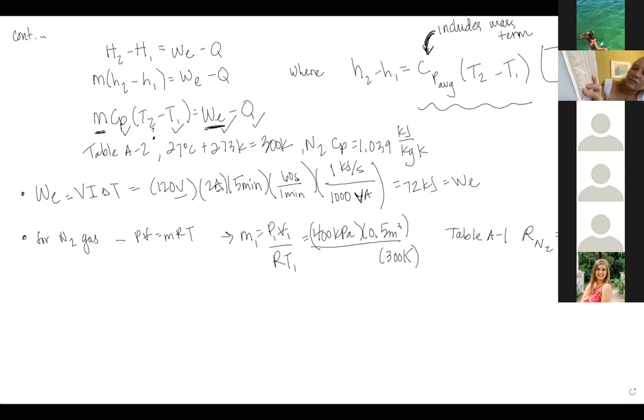The value that I have is 0.2968 kilojoule per kilogram Kelvin. Are your units the same? Is anybody else having an issue finding this?